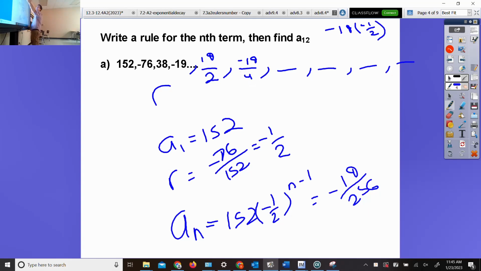Look what's happening at the top. Negative, positive, negative, positive, negative, positive, negative. What's happening at the bottom? It's just doubling. You could just write this thing out. Wouldn't take you that long. I got 2 more renditions to get to that negative 19 over 256. You could literally just write out 12 pieces of it. It wouldn't take you that long. Of course, you like your decimals.